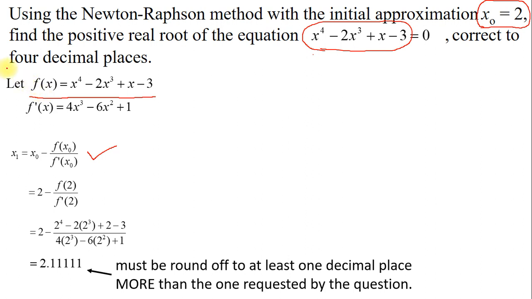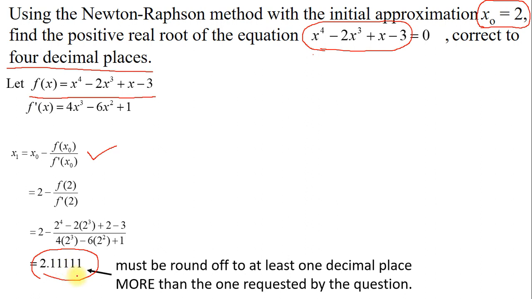If you look at the question, it asks us to round off the answer to 4 decimal places, correct? Now if the question asks you to round off to 4 decimal places, it means your answer here, you must round off to at least 5 decimal places. You can choose to round off to 6 decimal places, right?